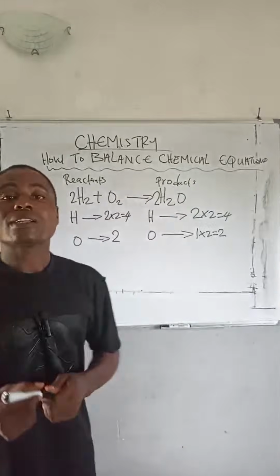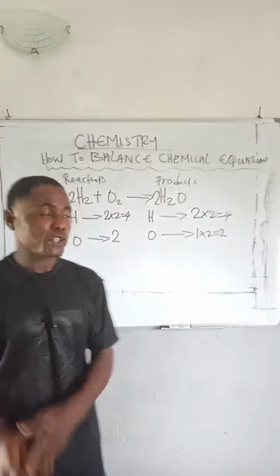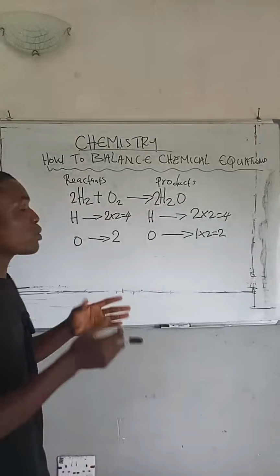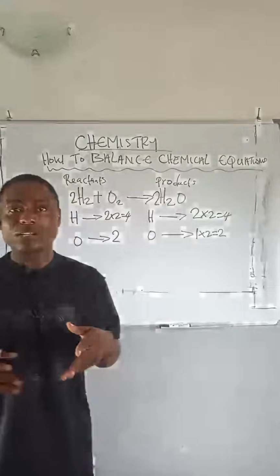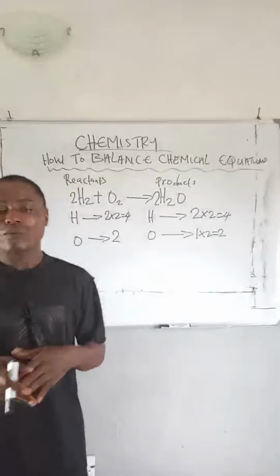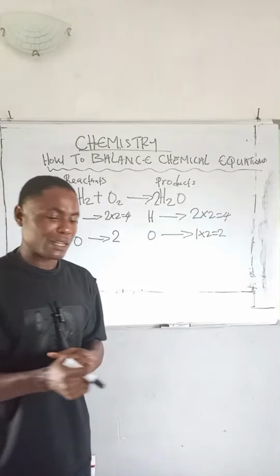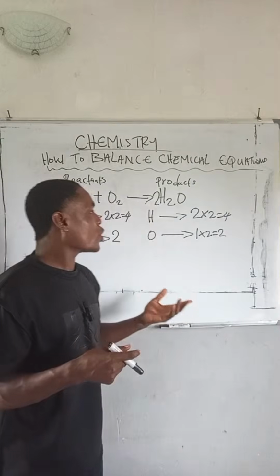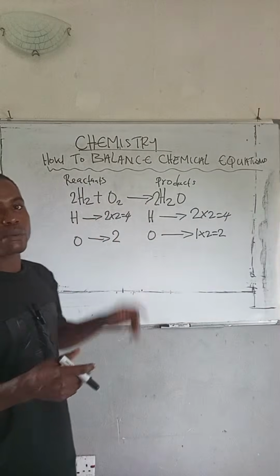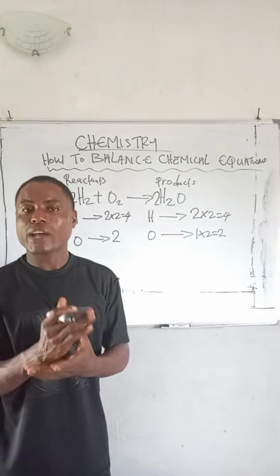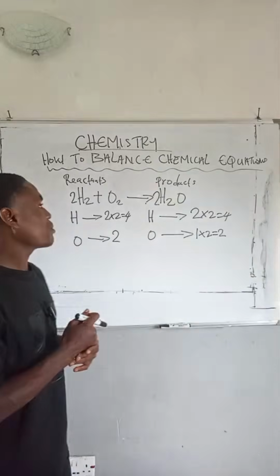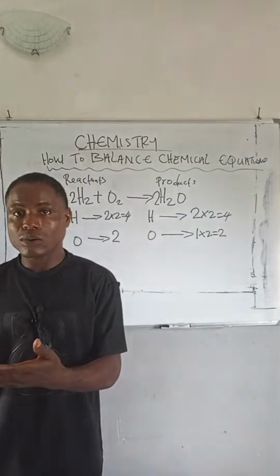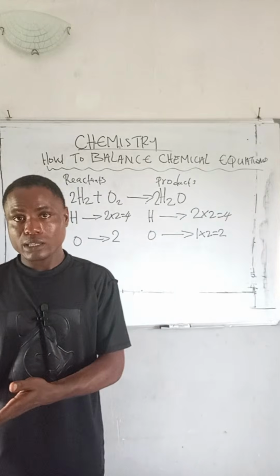Now, I know that you have a question to ask, right? I know most of you will be asking, okay, is it that any chemical equation we see we will just be introducing or adding 2? No, it's not like that. You introduce 2 based on the given subscript or the given atoms. Are you getting it? There are some chemical equations when you are balancing, you can only start with, let me say, 3.